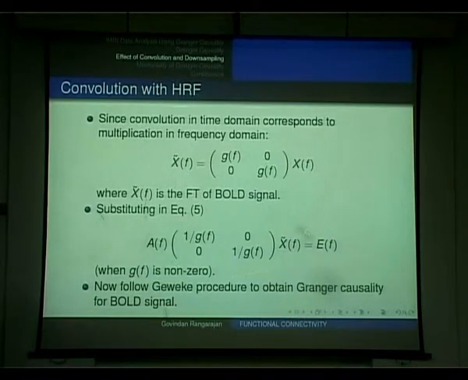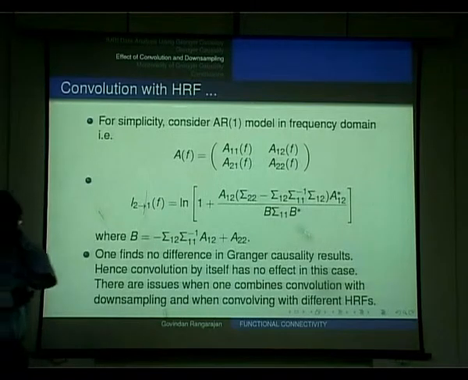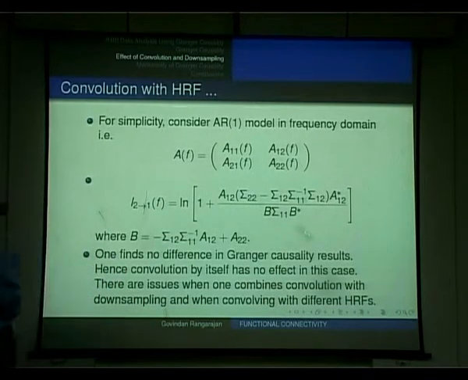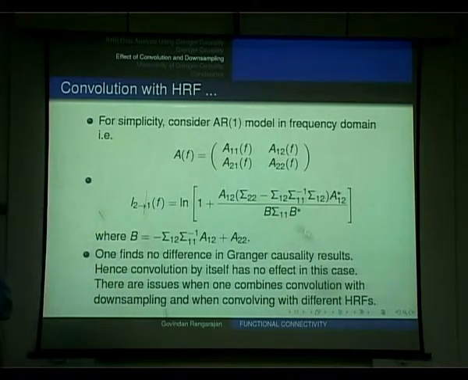So you can substitute it in this, and you can follow the standard procedure which I skipped over and obtain Granger causality for the BOLD signal, and what you get is in fact an identical expression to what you had earlier. So what this mathematical analysis tells you is that if you have the same HRF convolution for both the regions, or if there are not significant differences between the HRF convolution for both the regions, there is no effect on Granger causality.